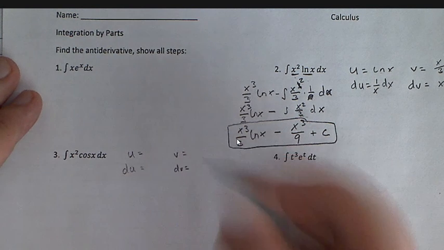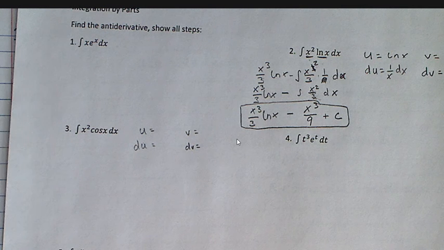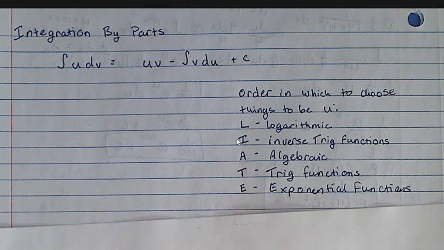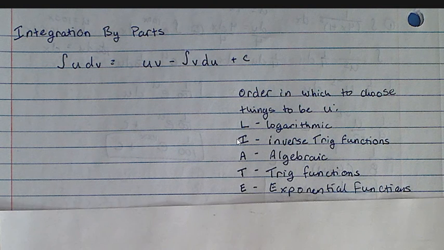Okay, anyway, back to this. So on part 3, we have x squared, which is an algebraic thing, and we have cosine x, which is a trigonometric thing. So according to our order in which to choose things for u, we're going to choose x squared for u.